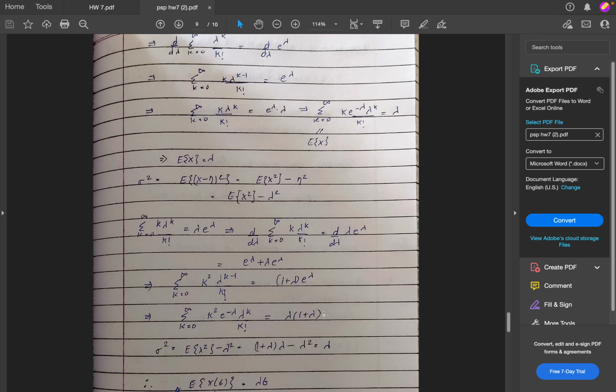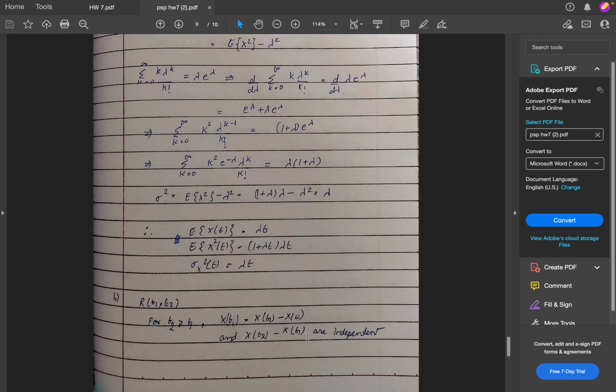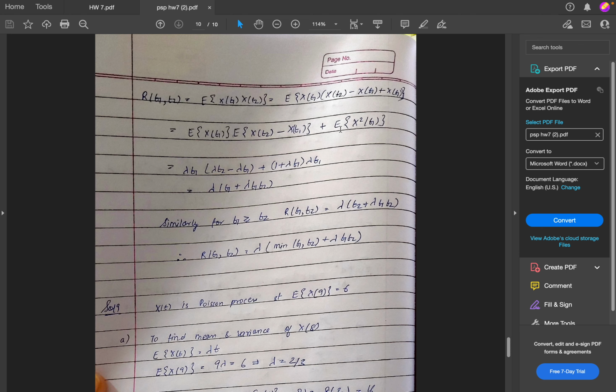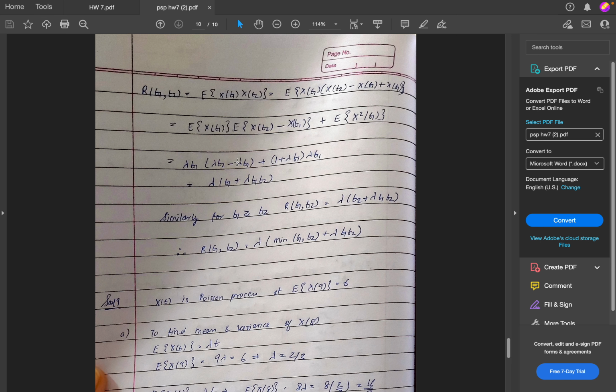but we know that x(t2) minus x(t1) is independent, so we can use this and split the term as follows. So this will become the expected value of x(t1) times the expected value of x(t2) minus x(t1), plus the second term, which will be the expected value of x square(t1).